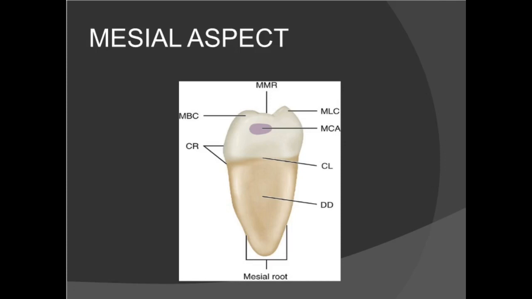There is a presence of the mesial marginal ridge, which is 1 mm below both the cusp tips. The purple area lying here is your mesial contact area. The cervical line is irregular, which is higher lingually, whereas lower buccally. There is a presence of a mesial root here, which contains a deep developmental groove.